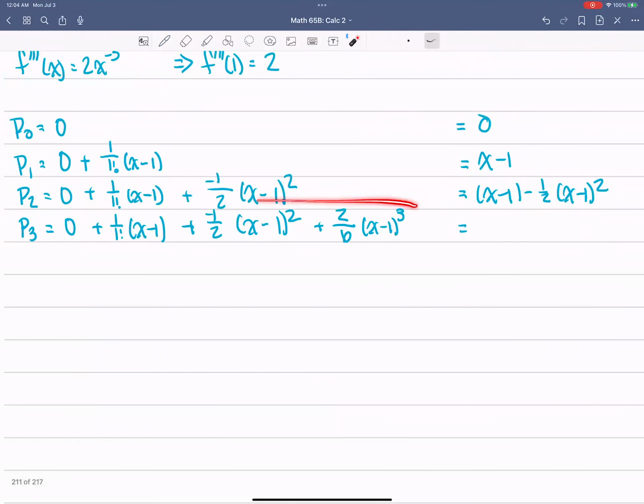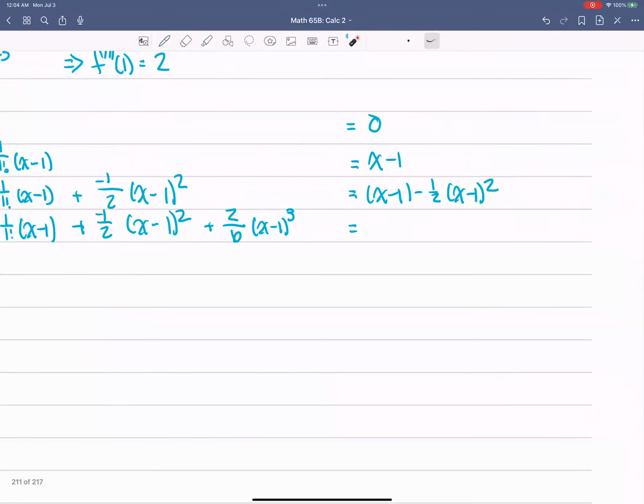And lastly, we have all of this. That's 0. This is just x minus 1 minus 1/2 x minus 1 squared. And we could simplify this last part: x minus 1 minus 1 over 2, x minus 1 squared, plus 1 over 3, x minus 1 cubed.